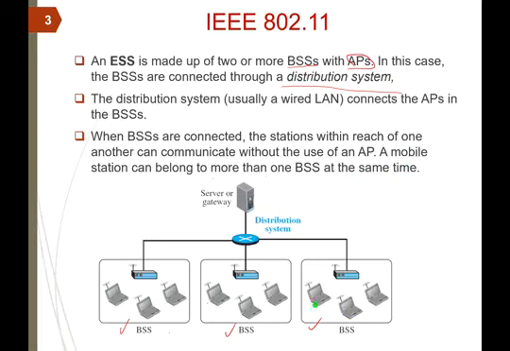So this mobile station can belong to this BSS or to this BSS, both of them at the same time. And the stations within reach of one another can communicate without the use of an access point.